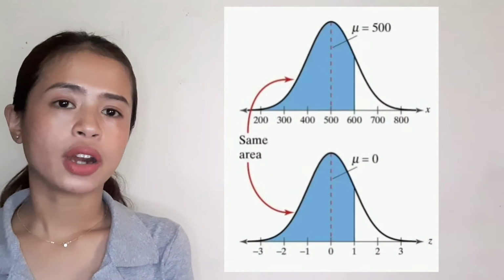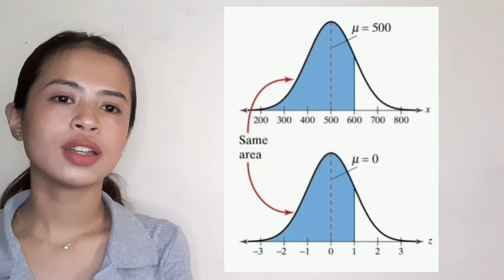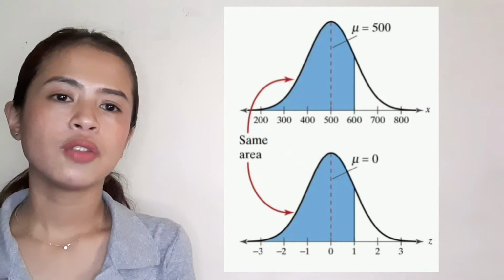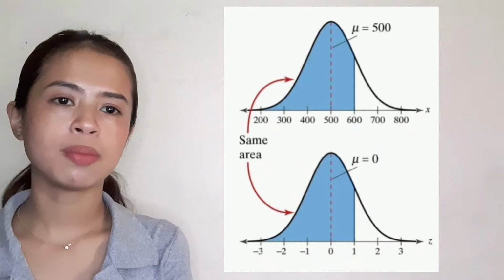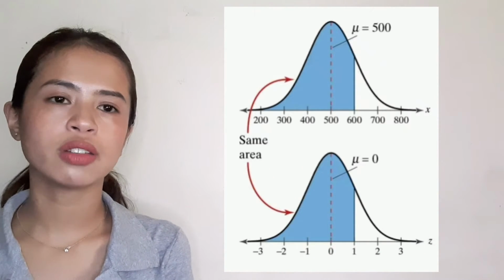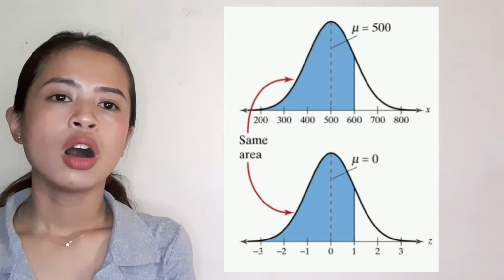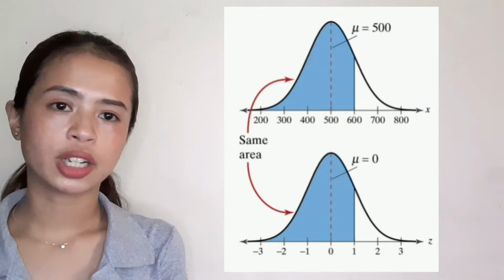On the upper part, consider a normal curve with a mean of 500 and a standard deviation of 100. The value of x 1 standard deviation above the mean is mean plus standard deviation, which is equal to 500 plus 100, which is equal to 600. On the lower part, now consider the standard normal curve.